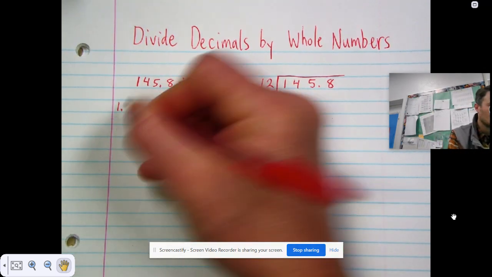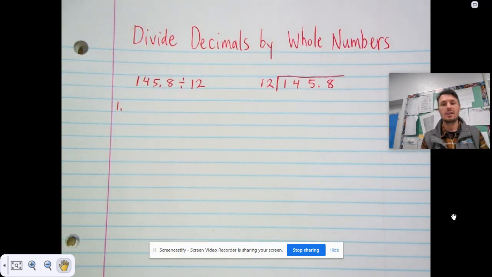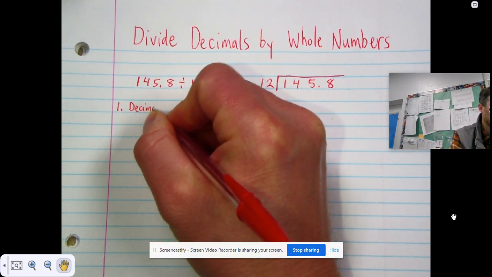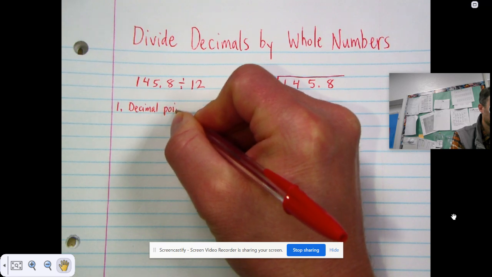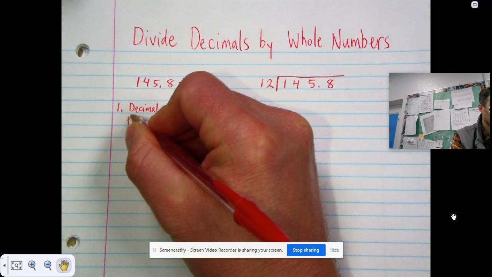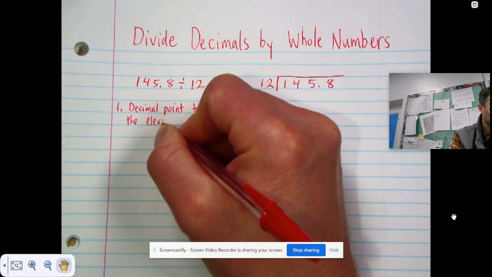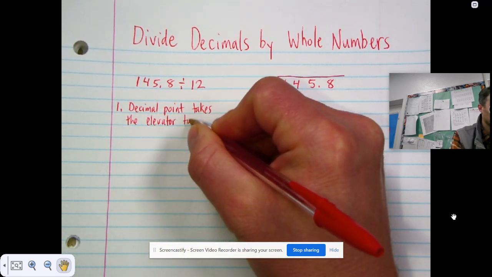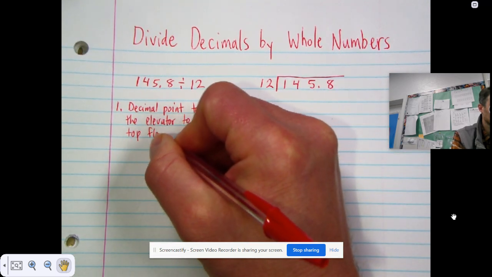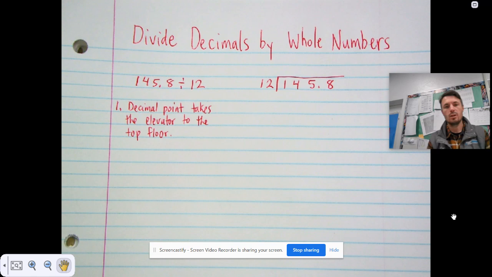Step one, when you're dividing a decimal by a whole number, is the decimal point takes the elevator to the top floor. What does that mean? What do you mean, Mr. Dauber?